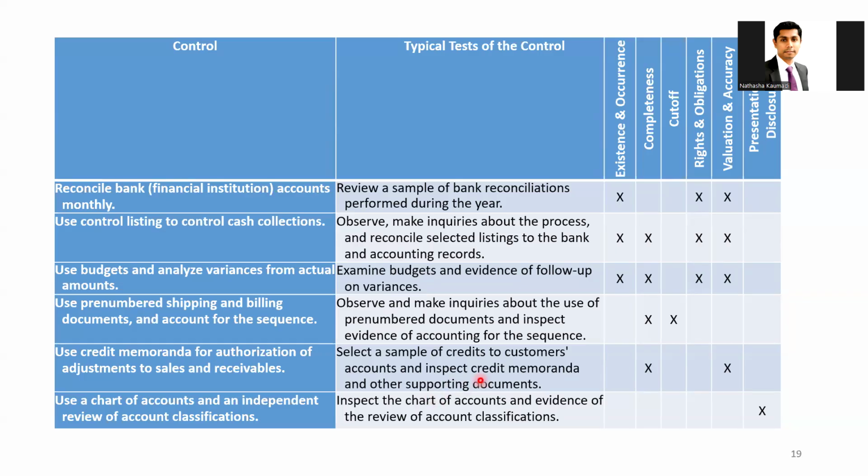Likewise, you are going to see. Use a chart of accounts and an independent review of accounts classification. So you go and inspect the chart of accounts and evidence of review of accounts classification. So you don't classify the accounts. You just go and see whether your client has actually reviewed the account classification.